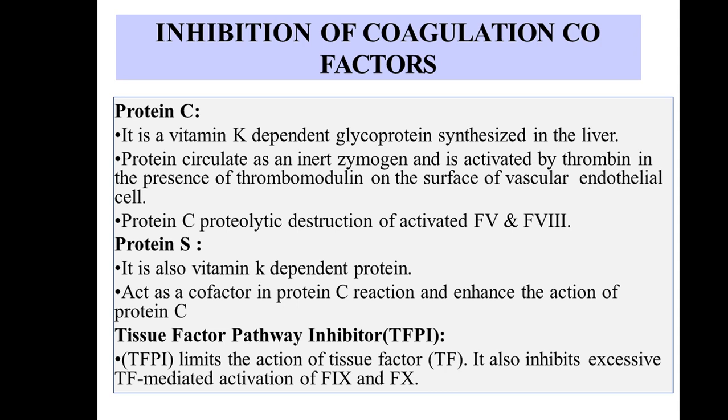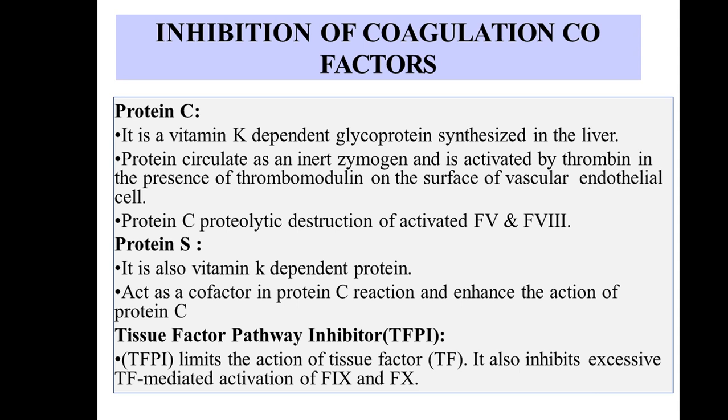Protein C is a vitamin K dependent glycoprotein synthesized in the liver, and the protein circulates as an inert zymogen and is activated by thrombin in the presence of thrombomodulin on the surface of vascular endothelial cells. Protein C causes proteolytic destruction of activated 5th and 8th factors.